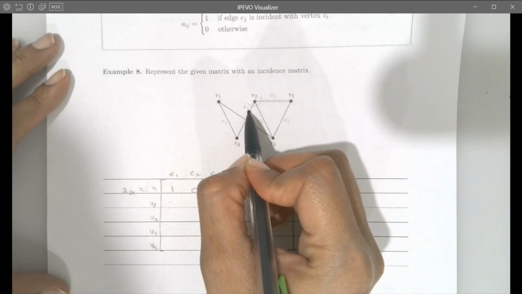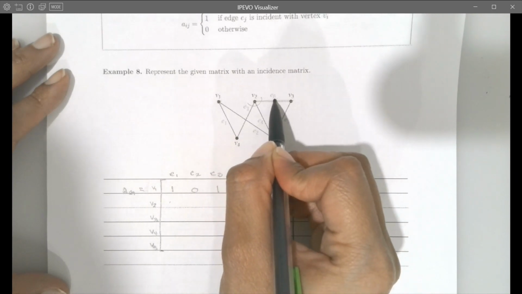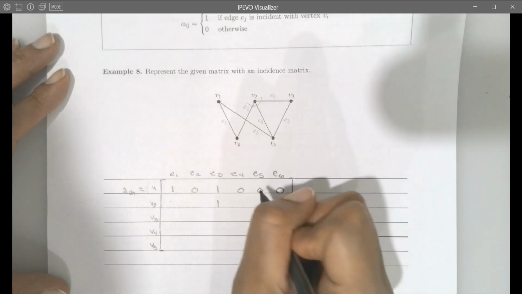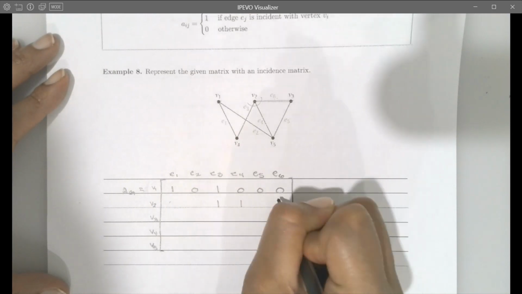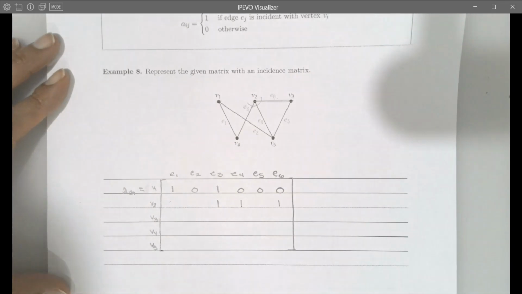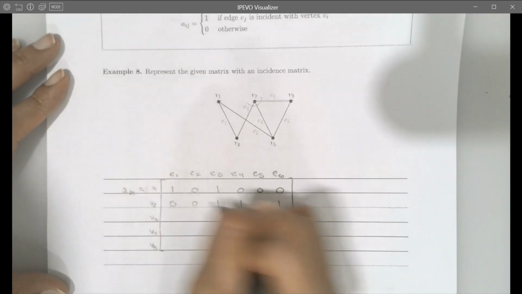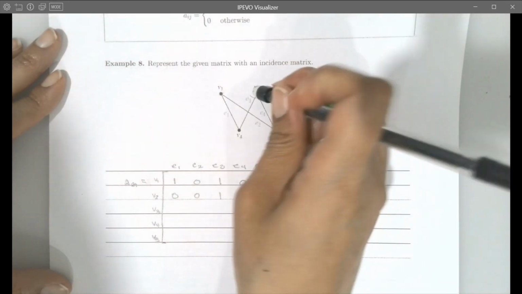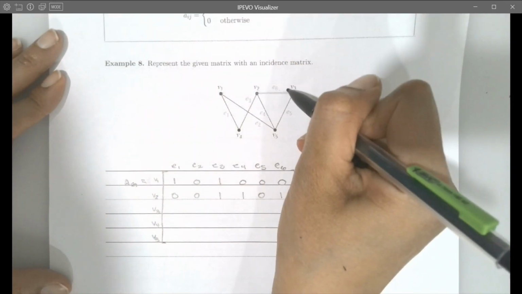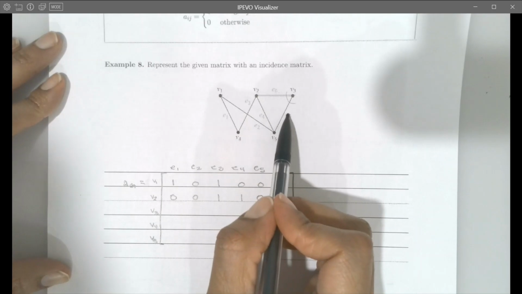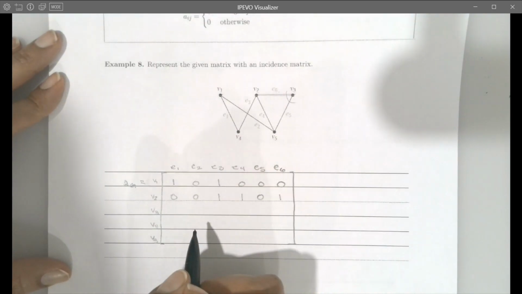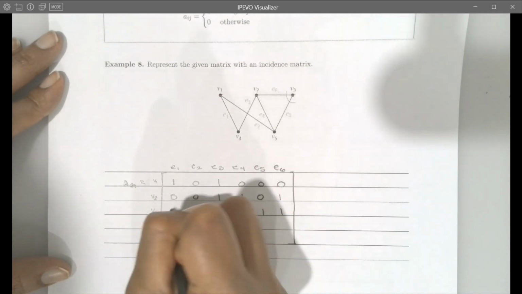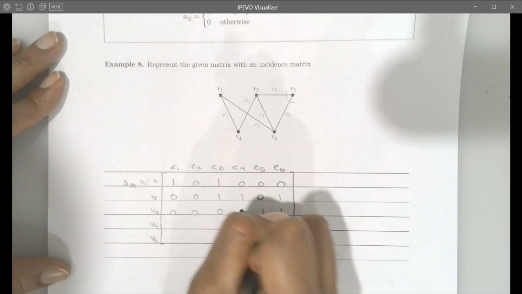It's incident to edge 3, edge 4, and edge 5. So that means that row 2, column 3 has a 1, row 2, column 4 has a 1, and row 2, column 6 has a 1. Everything else will be a 0. Next, we look at V3. For V3, we have two edges, E5 and E6. And that means that we have a 1 here, a 1 here, zeros everywhere else.